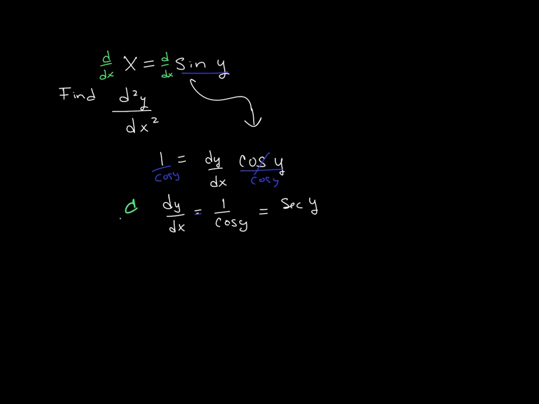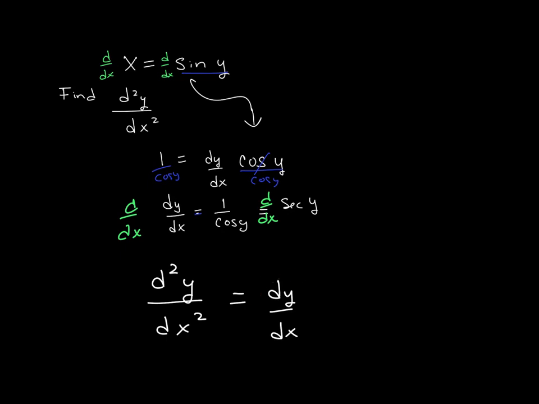Again, it's d/dx of both sides. So that leaves me with the second derivative of y with respect to x squared is equal to, again, I need another dy/dx because I am taking the derivative with respect to x, but my variable is y, so I need to include that.